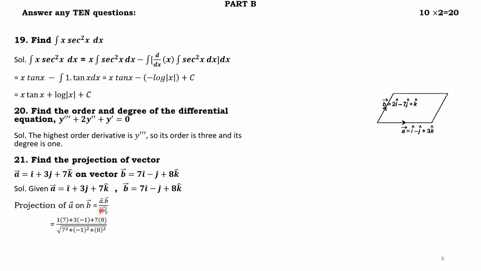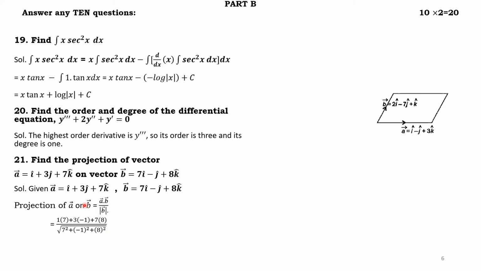Therefore, A dot B is 1 into 7 plus 3 into minus 1 plus 7 into 8, the respective coefficients of unit vectors i, j and k, divided by the modulus of B, which is the square root of a squared plus b squared plus c squared.